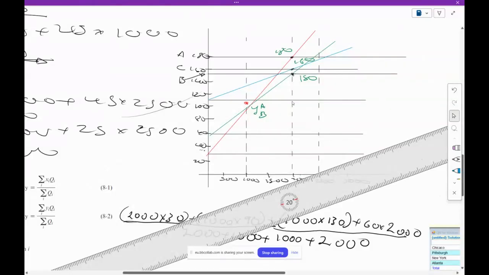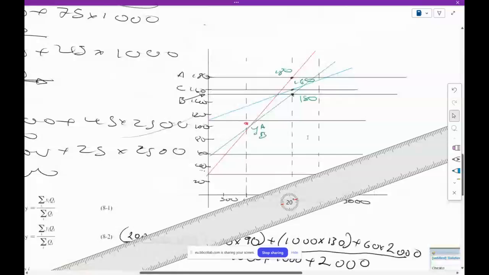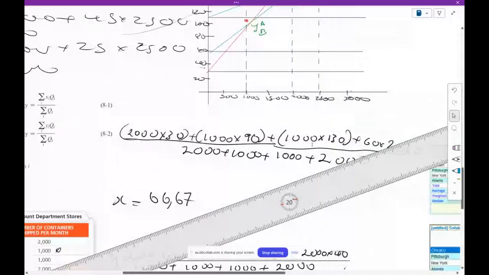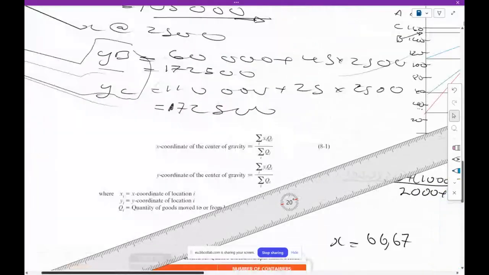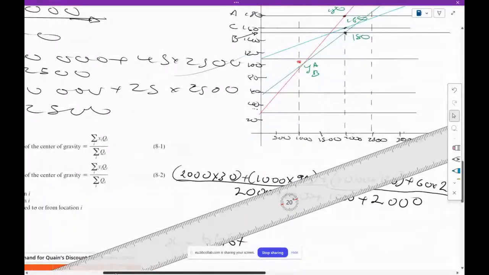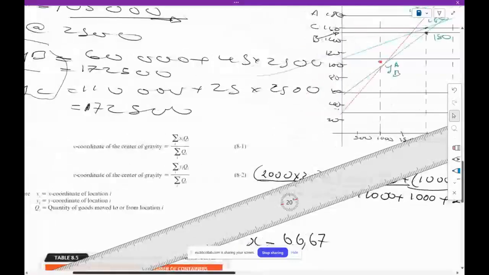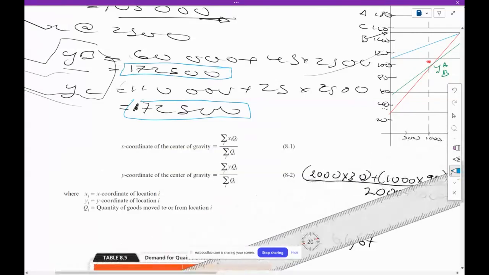And even though we haven't yet determined where these points are intersecting at 2500, because that's another intersection point at 2500 units. So now these need to go all the way to the second intersection for C, 172, for B 172.